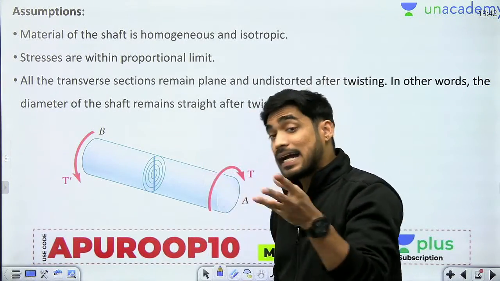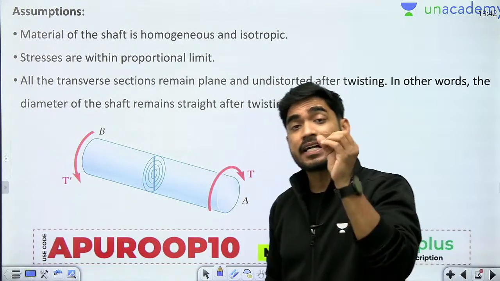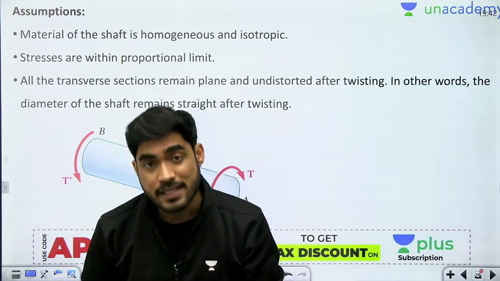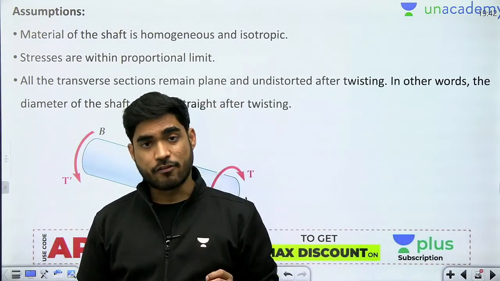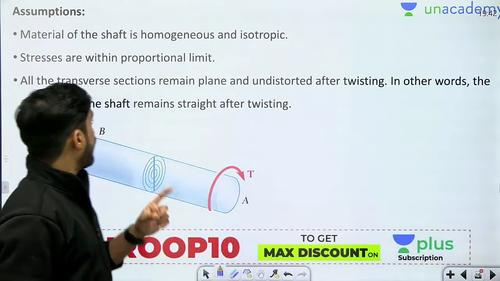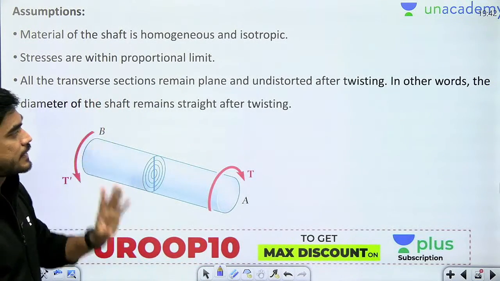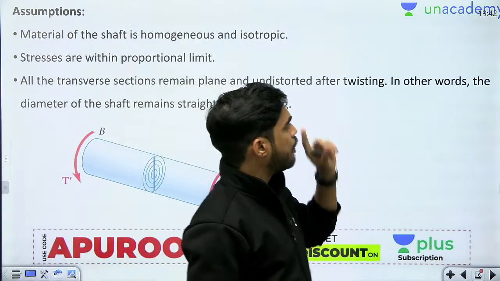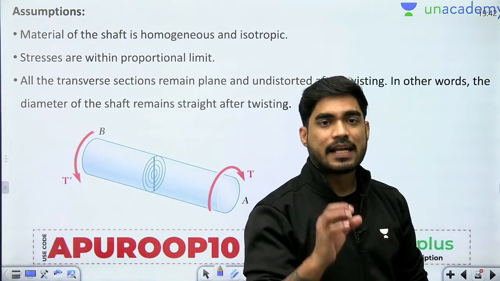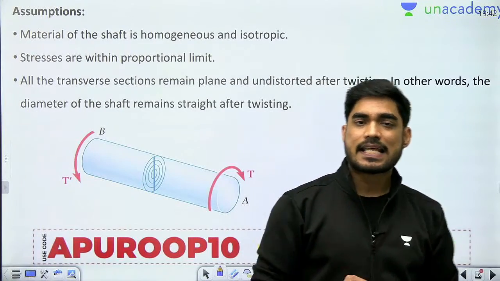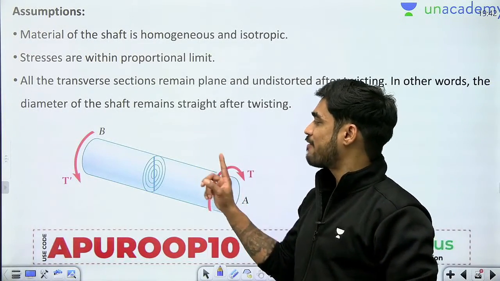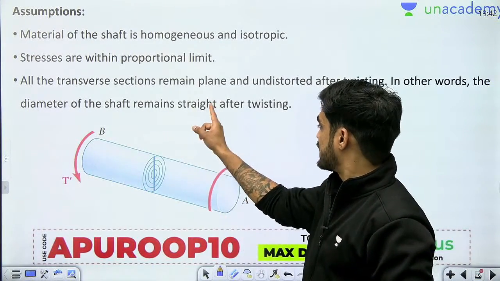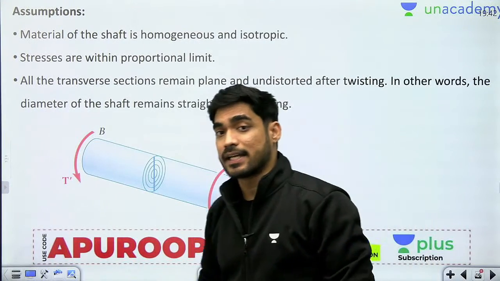Okay, the third and very important assumption based on which we get the torsion formula is all the transverse sections remain plane and undistorted after twisting. In other words, we can say that the diameter of the shaft remains straight after twisting.